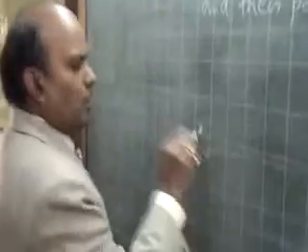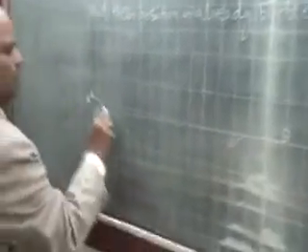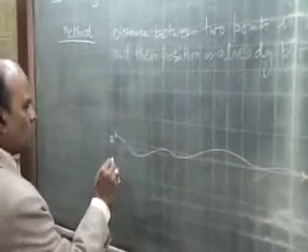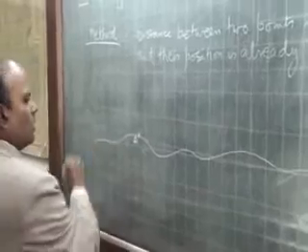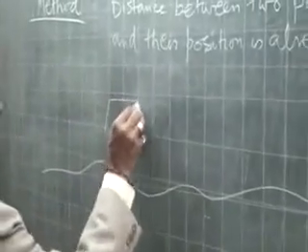Suppose this is ground point A, this is ground point B, and the area is undulating something like this. What we assume is, when we start our work, that these 2 points A and B are already plotted on our plane table.